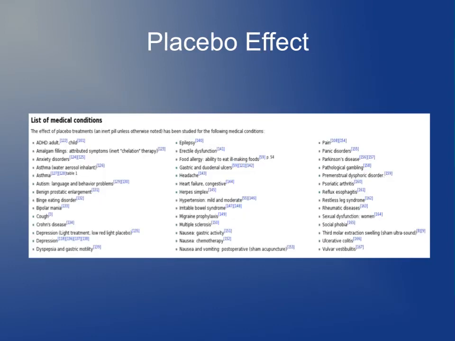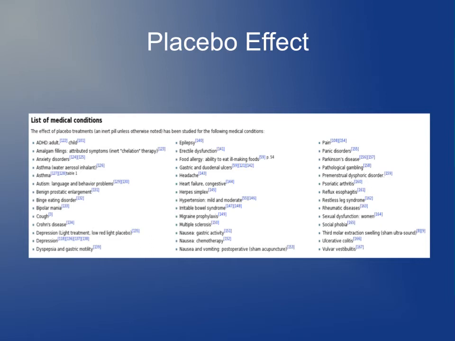And this slide I pulled from Wikipedia, so take it for what it's worth, but it looks like they provided references for this, and this is a list of conditions that have been known to respond to placebo treatment.